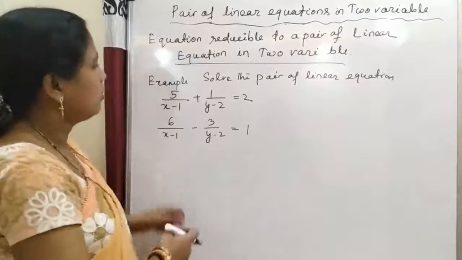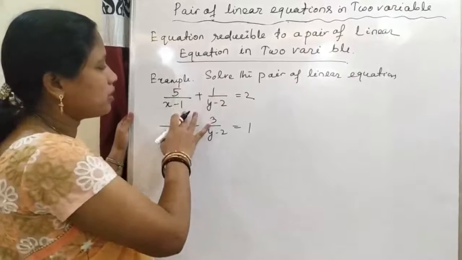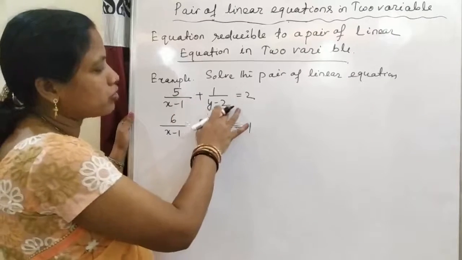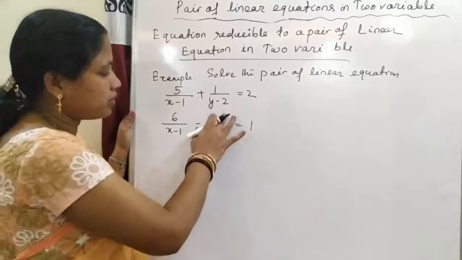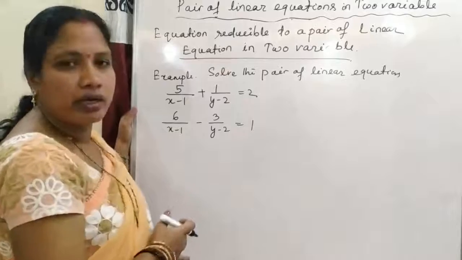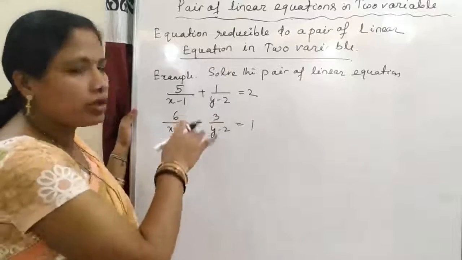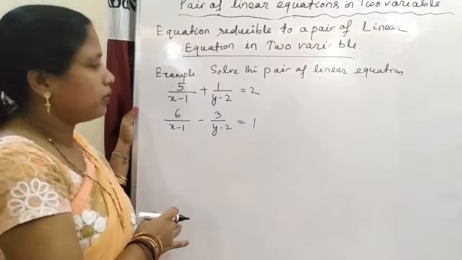Next example, solve the pair of linear equations 5/(x-1) + 1/(y-2) = 2 and 6/(x-1) - 3/(y-2) = 1. So these are not in linear form. First we have to reduce them into the form of linear equations in two variables.